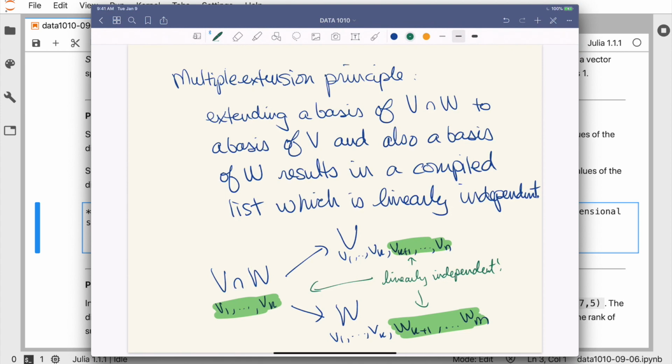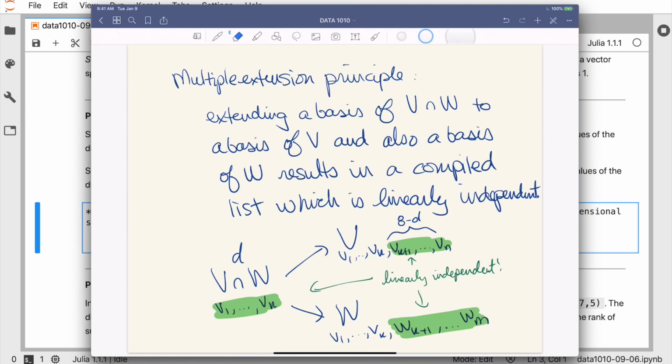We can use this idea in this instance to show that we can't get a 1-dimensional or a 0-dimensional space as an intersection of an 8 and a 4-dimensional space in R10. Because if we let D be the dimension of the intersection, then the dimension of V is 8, so there are going to be 8 minus D additional vectors here.